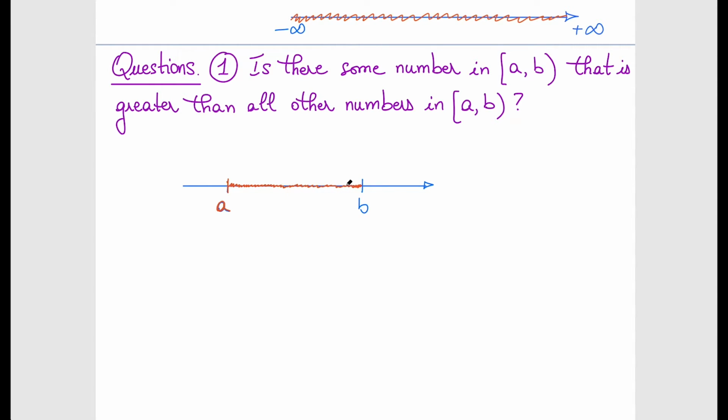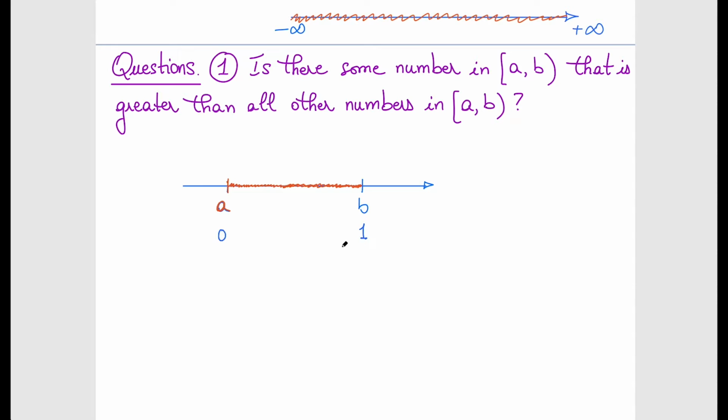So the question is, is there a number within this set? Is there an orange element that's greater than any other orange element? This is what the question is. Is there a rightmost element in AB, in this interval? To put it in perspective, let's take A to be 0 and B to be 1.